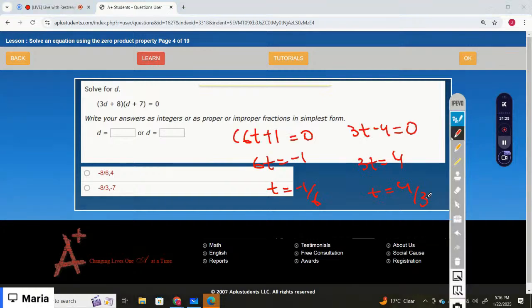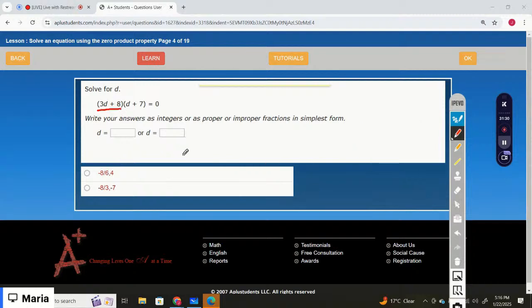Solve for D. That is 3D plus 8 equals 0 and D plus 7 equals 0. 3D equals negative 8. D equals negative 8 over 3.